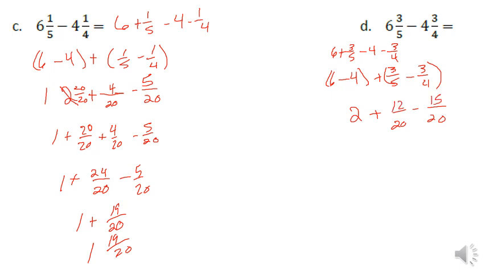Now we're going to regroup again. Since the denominator is 20ths, we're going to go 1 and 20 20ths, because that equals 2, which gives us 1 plus 20 plus 12 is 32 20ths minus 15 20ths, which is going to equal 1 and 17 20ths.